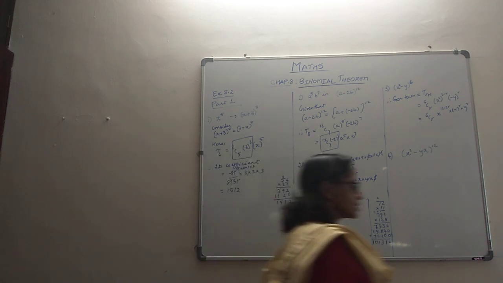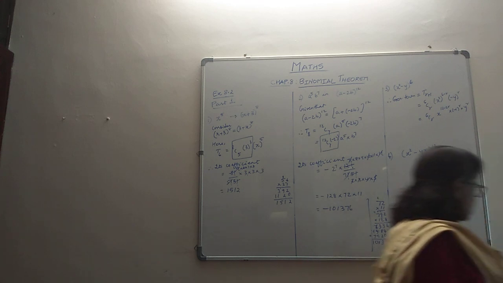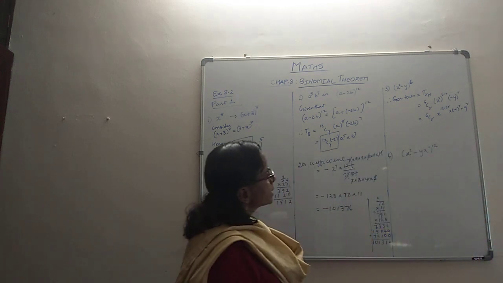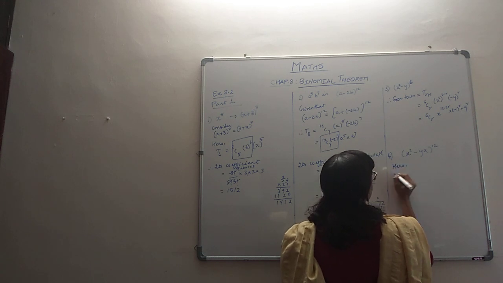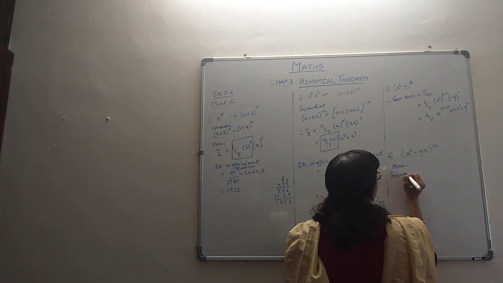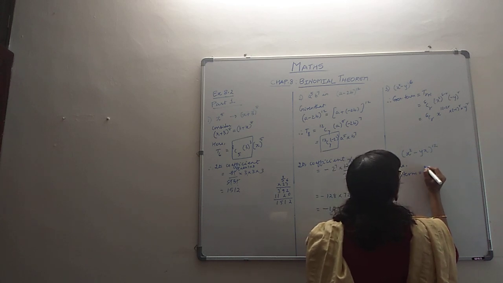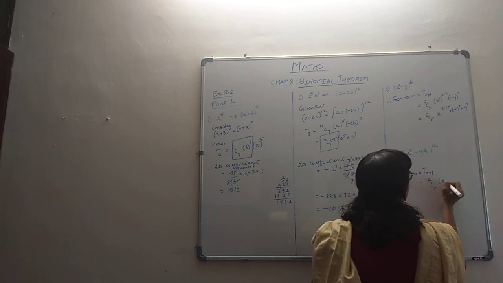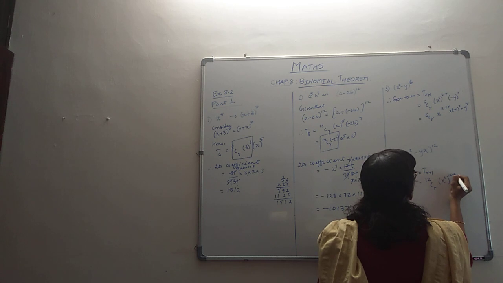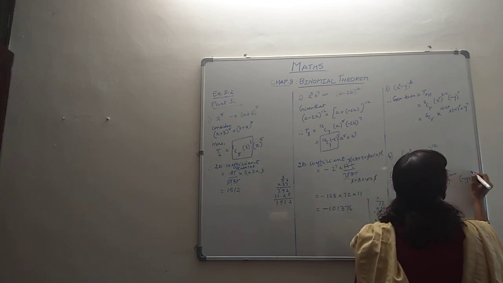Then next question also, it's a general term question. What do they say? x squared minus yx, raised to 12. So here your general term can be 12Cr, first term x squared raised to 12 minus r, then minus yx raised to r.